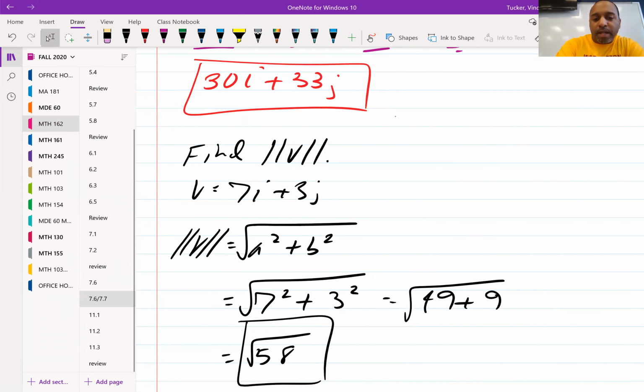That would be 49 plus 9, that would be 58, square root of 58. Everybody good, everybody straight?